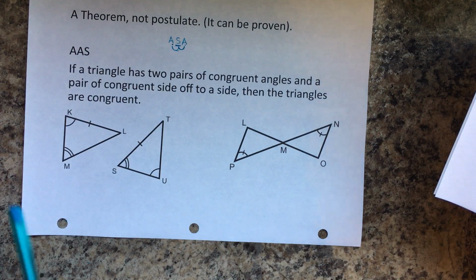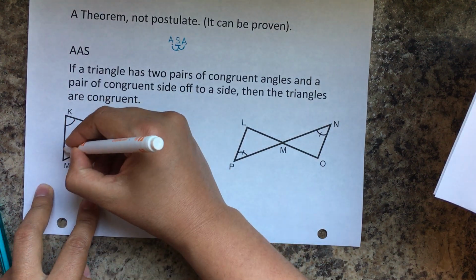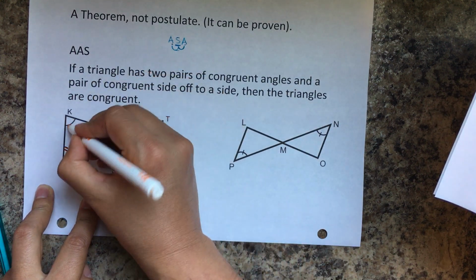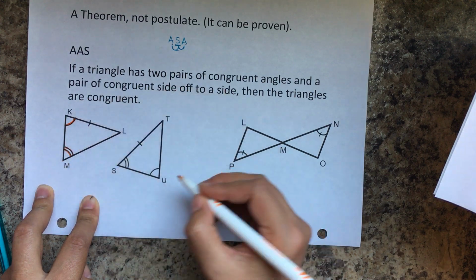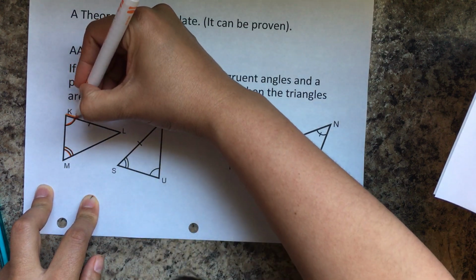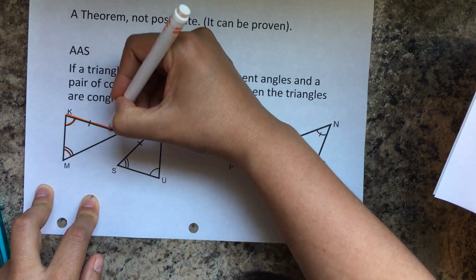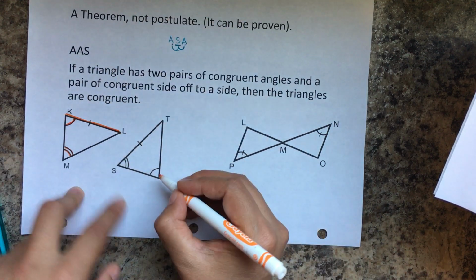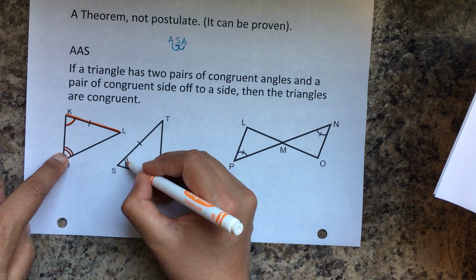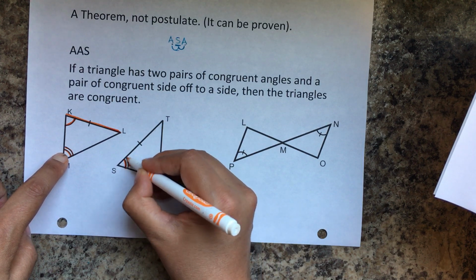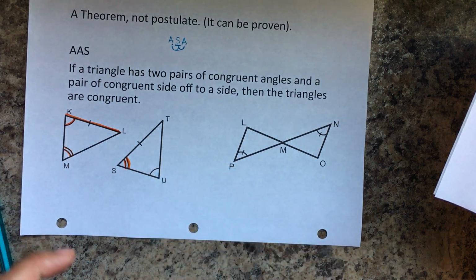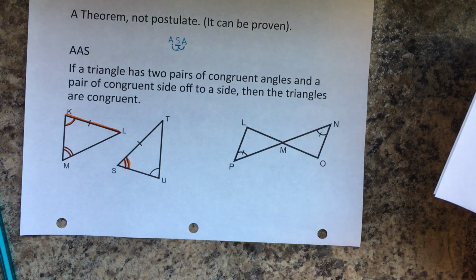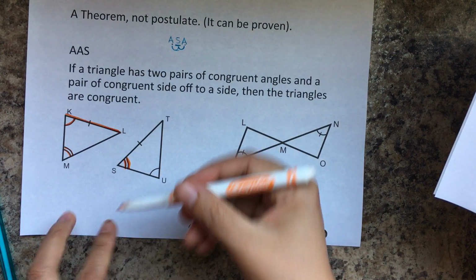In here, you're gonna have one angle, another angle, and then the side will be touching only one of the two angles. You know what, I'm gonna switch this one.